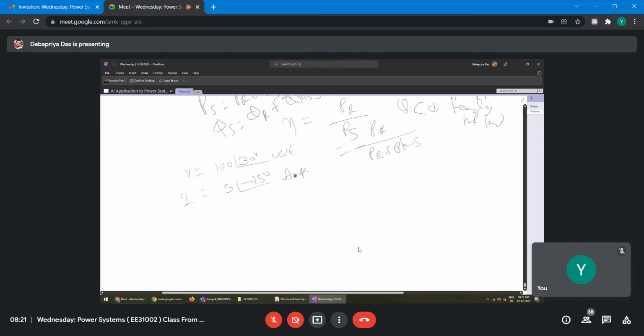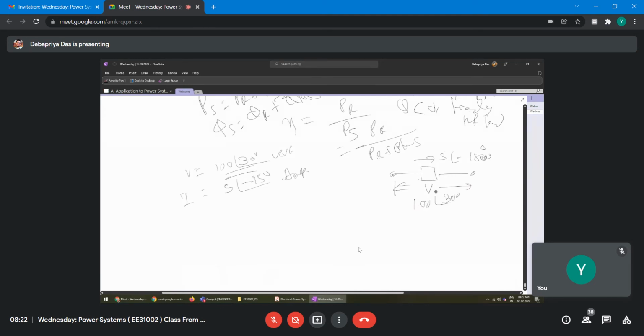So the voltage across this branch is 100 angle 30, and the current flowing is 5 angle minus 15 degree.